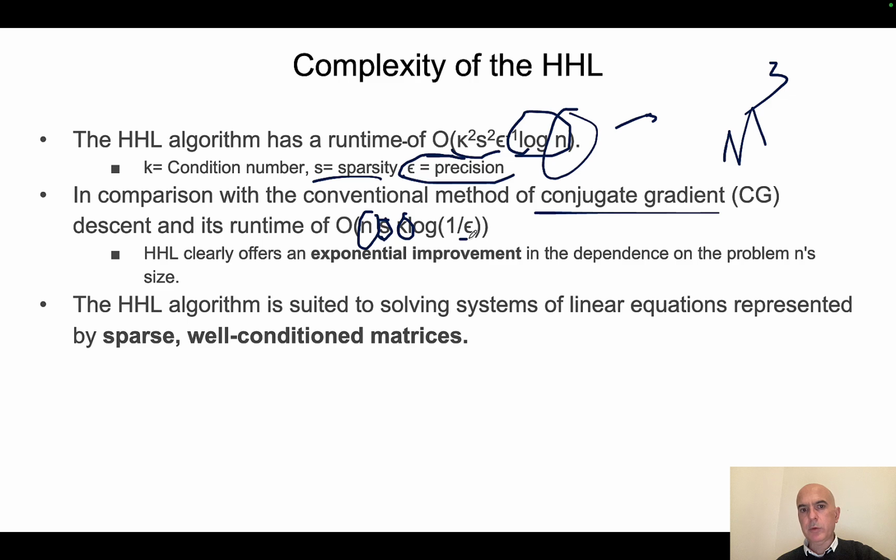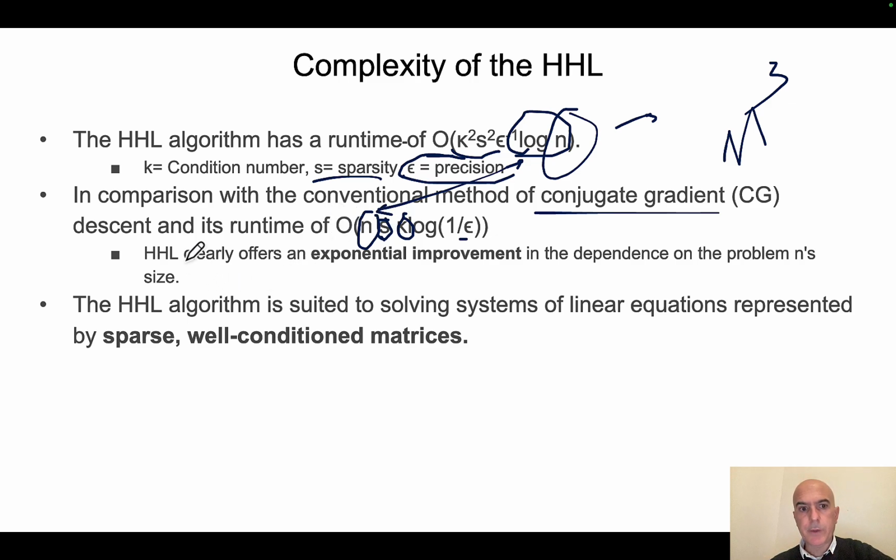So what we are going to compare here, the quantum and the classical case, is these two different factors. In the case of the quantum version, we have big O of log n. In the case of one of the best classical methods, the CG iterative solver, this will be big O of n.